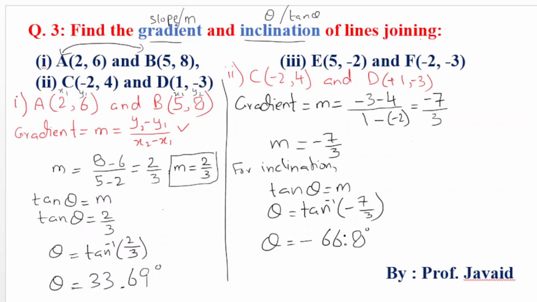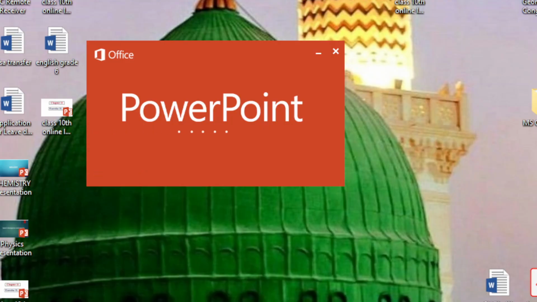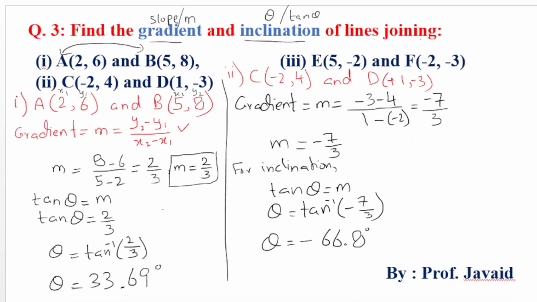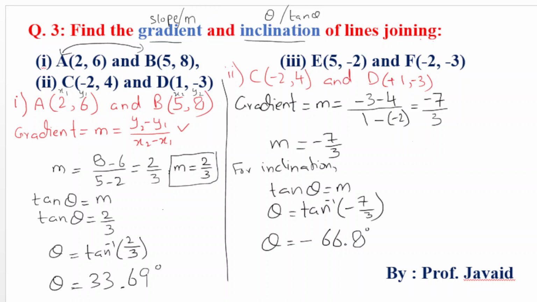I told already that the negative means -66 means that it is the fourth quadrant, but we have to find the inclination, which is basically from 0 to 180 degrees. So for 0 to 180 degrees, as it is -66, it means that the angle is moving clockwise, but basically we have to move anti-clockwise.